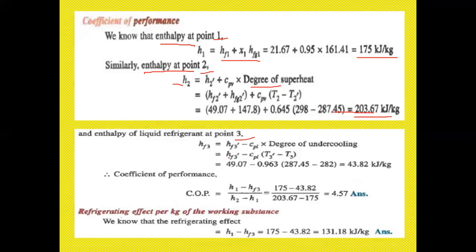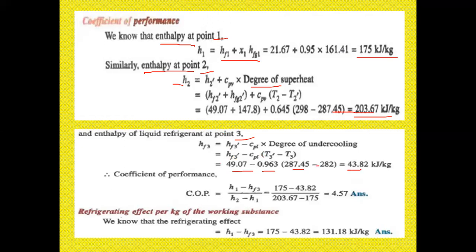Therefore HF3 is equal to HF3 dash minus Cp into T3 dash minus T3, that is 49.07 minus Cp into T3 dash minus T3, that is equal to 43.82.